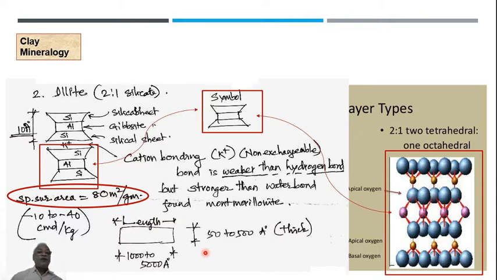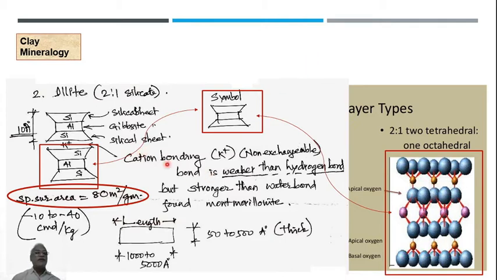Okay, now what happens is, in between these two layers, how are these layers attached? Here you got cation bonding. K plus, potassium plus, a non-exchangeable bond, weaker than hydrogen bond but stronger than the water bond found in montmorillonite. So this illite is in between kaolinite, which we have seen earlier, and one more which is montmorillonite.